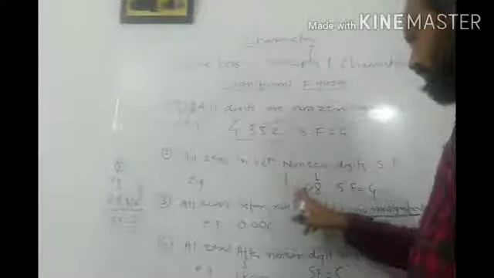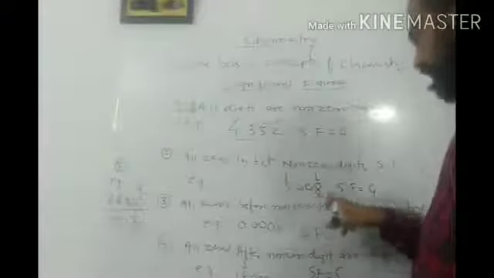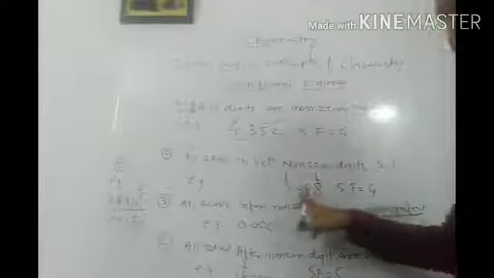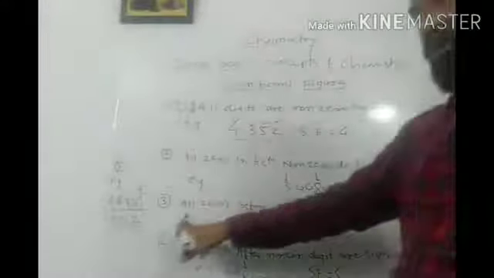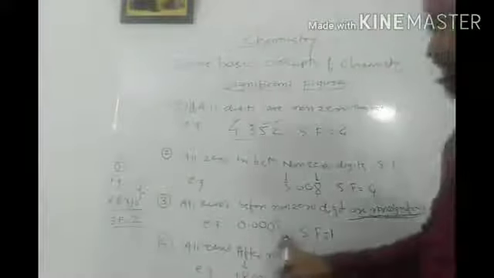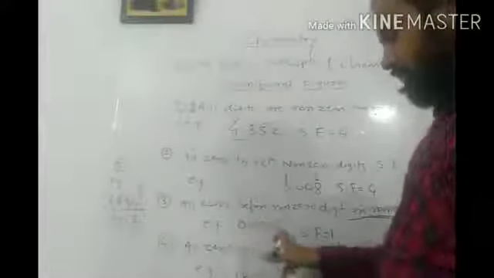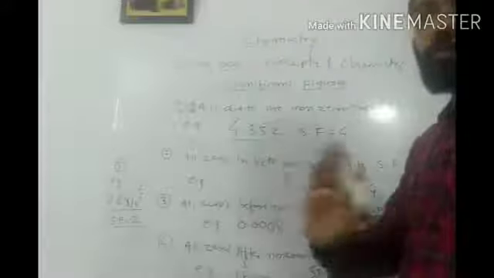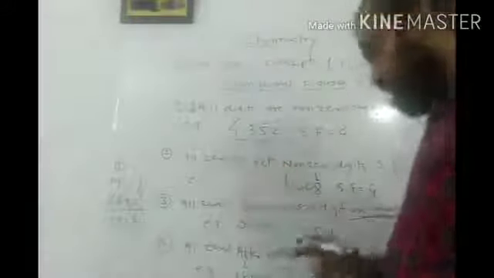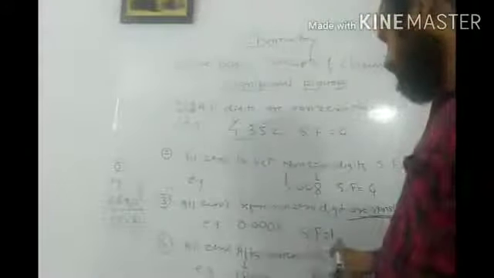So here the count is 4, because of 1, 2, 3 and 4, and I have to consider these zeros. Third rule: all zeros before non-zero digits are non-significant. If zeros are before the non-zero digit, we neglect them and don't consider them. So in this example, the significant figure count is only 1.